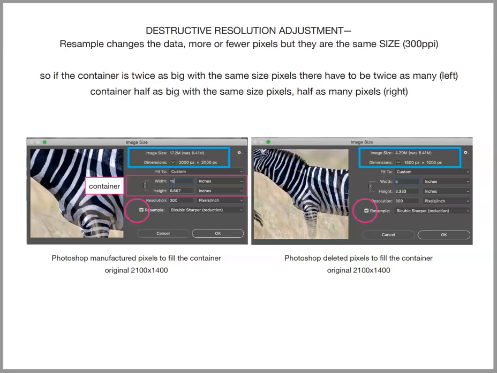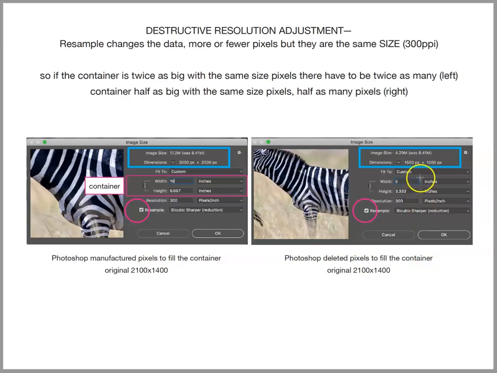The container is 10 by 6. And my image dimensions, when I say Photoshop resample, in other words, create new data, went from 2114 to 3000 by 2000. So Photoshop manufactured all those extra pixels.